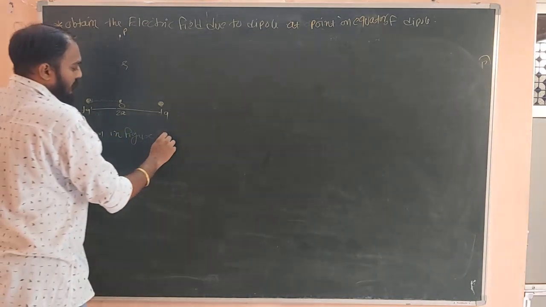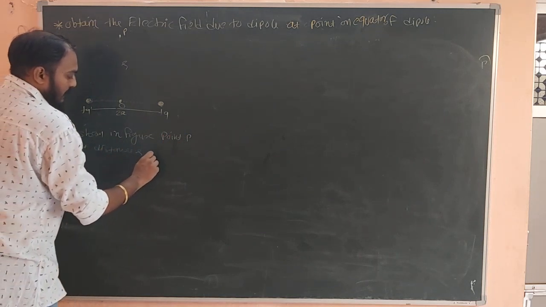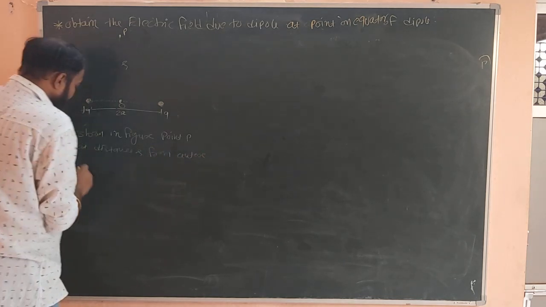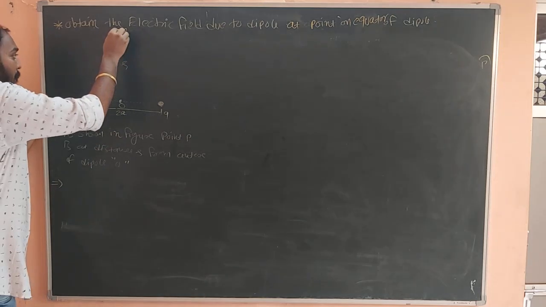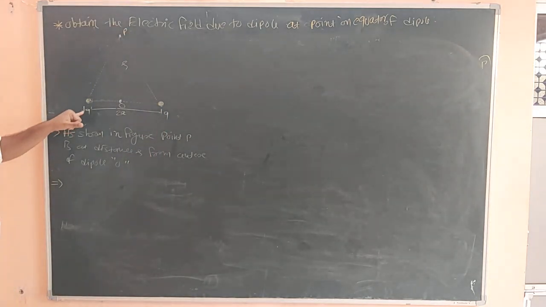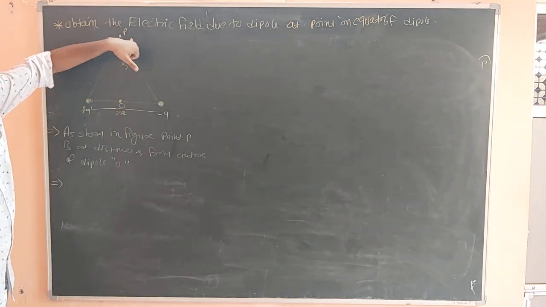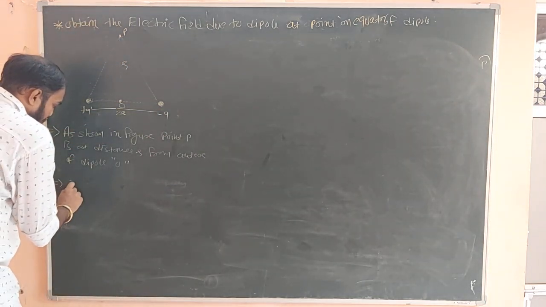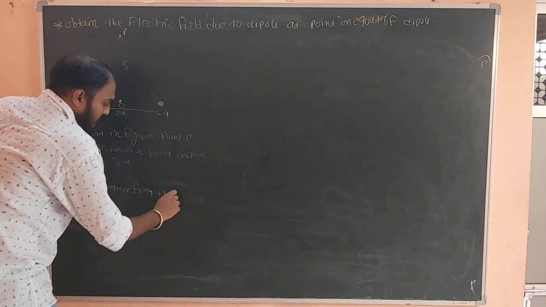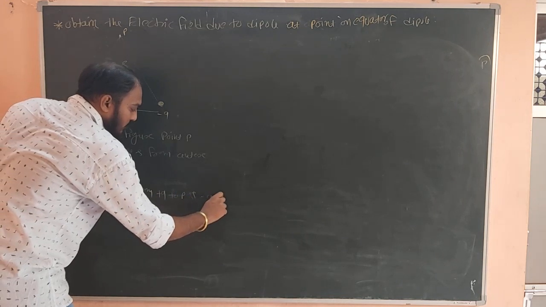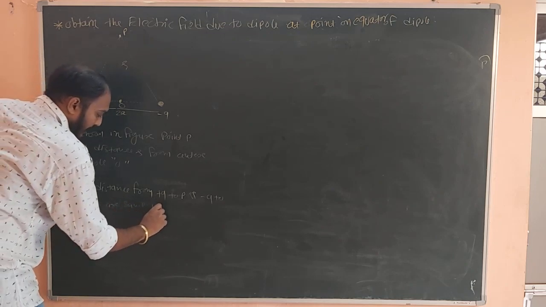As shown in the figure, point P is at distance r from the center of the dipole O. Now the distance from plus Q to P and minus Q to P will be the same.